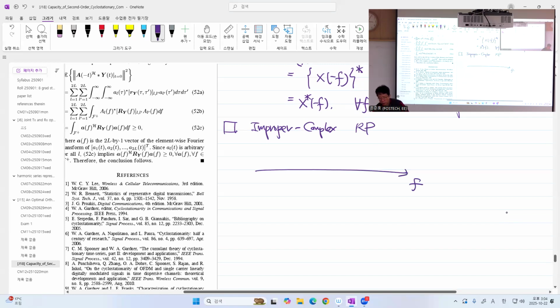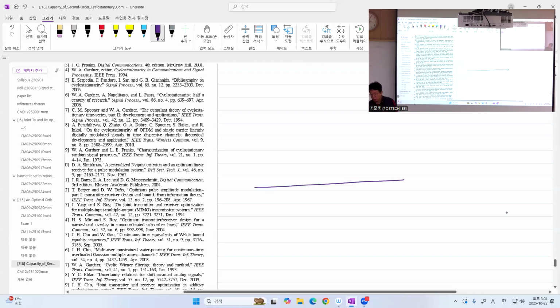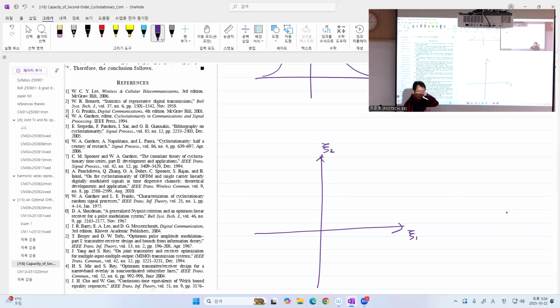So suppose this is the frequency axis, and this is the spectrum. Ordinary power spectral density is always non-negative and has non-negative real value. But as you remember, to fully understand the spectral correlation, we need the symplectic Fourier transform of the autocorrelation function of the random process.